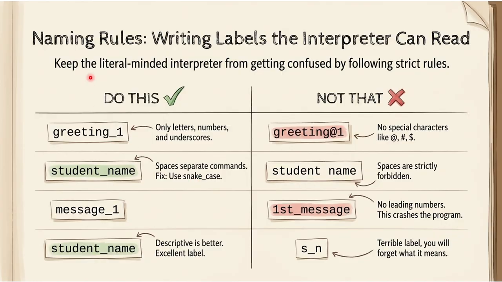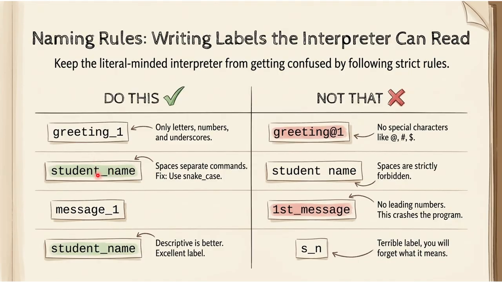So now we have some naming rules for variables. These are the do's and these are the don'ts, which we don't have to do. A variable should contain only letters, numbers, and underscores. Spaces separate commands, so use snake case.